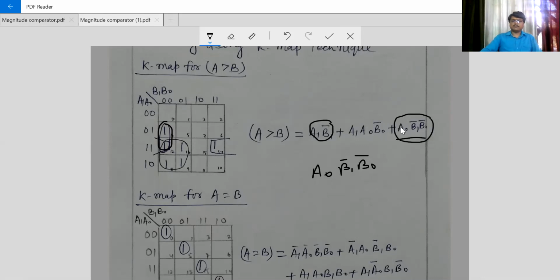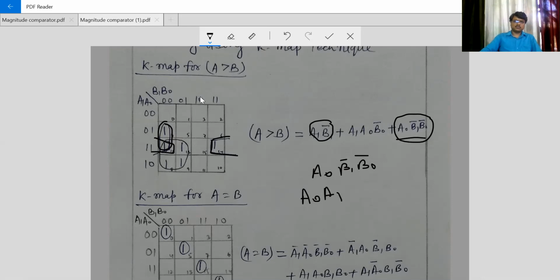Likewise for this, from this side it will be A naught A1. And from this side, which one is common? So this entry is wrong.